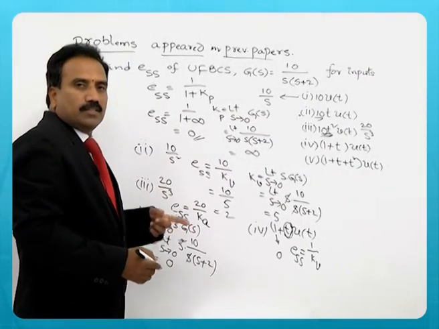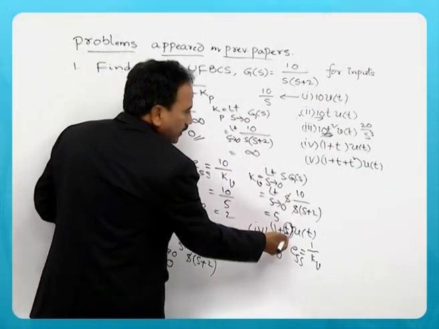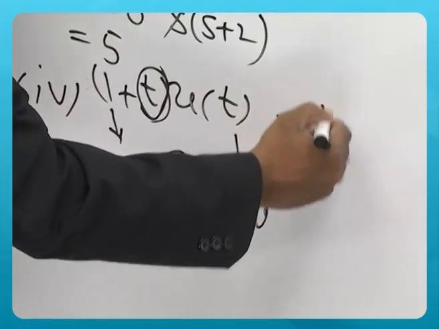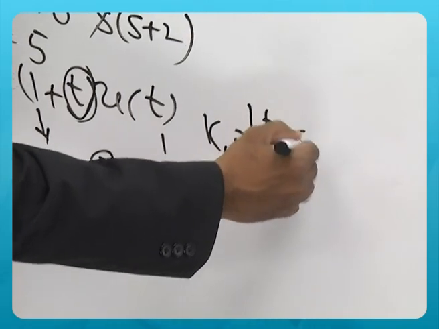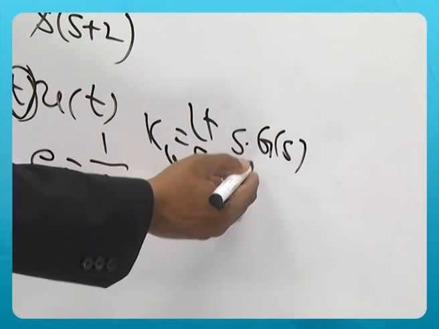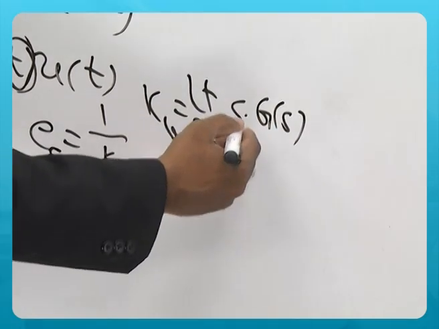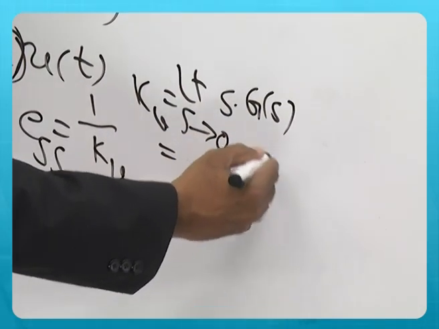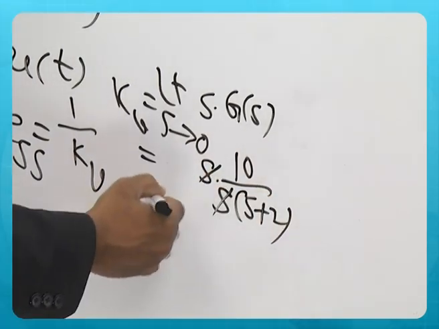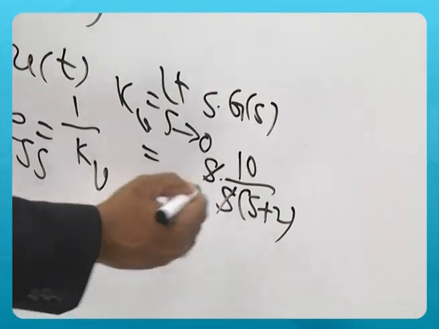There is 1 in the numerator because it is simply t, not 10 t. Now, as you know, Kv is limit s tending to 0 of s times G(s). If you substitute 0 in the function, s and s get cancelled, and this Kv will be 5.